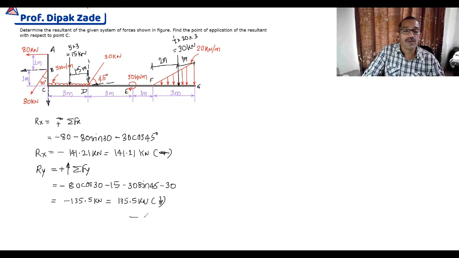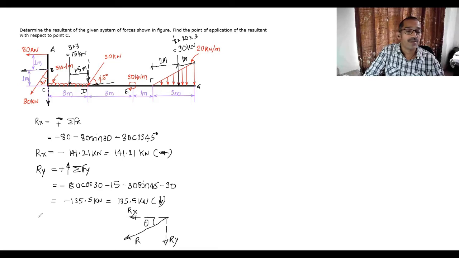Now the horizontal component is leftward and the vertical component is downward, this is Ry and this is Rx. So the resultant is inclined; this is R, and the angle is theta. Magnitude of the resultant is the square root of Rx square plus Ry square.